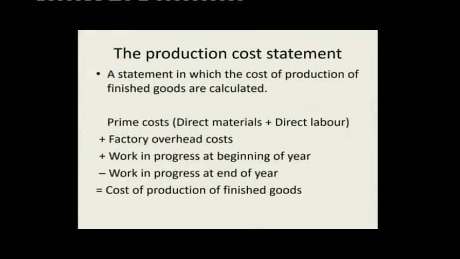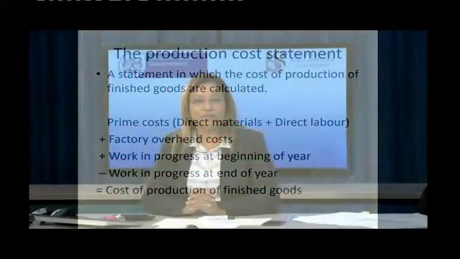Then, whatever we didn't finish on the factory floor at the beginning of the year, we're going to add back. So we're going to add our work in progress at the beginning of the year, because that's what we started out the year with. Work in progress is basically unfinished goods. Goods that were not finished by the end of the previous cycle. So let's say you take this jacket, and this jacket was half made.